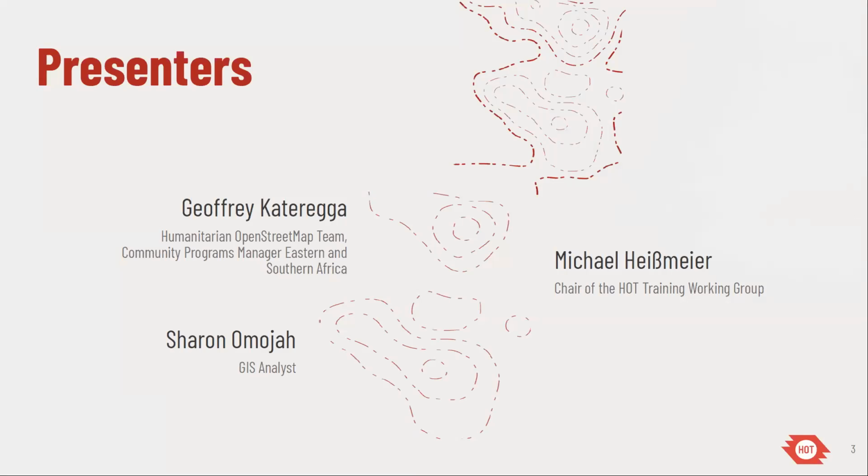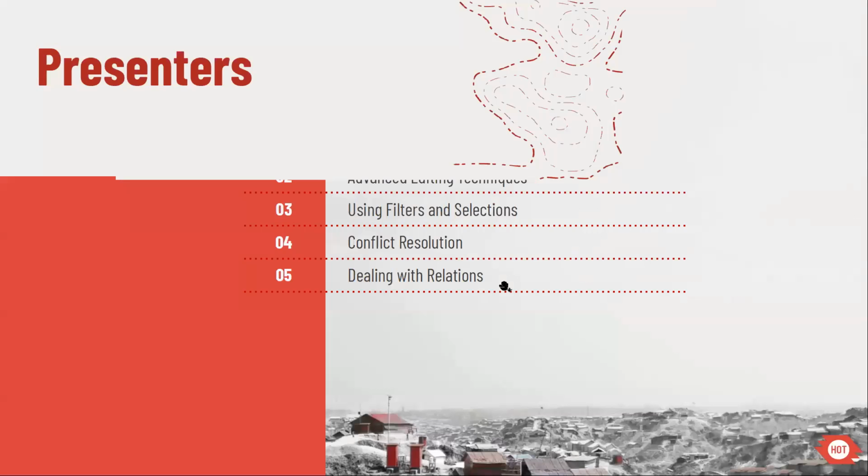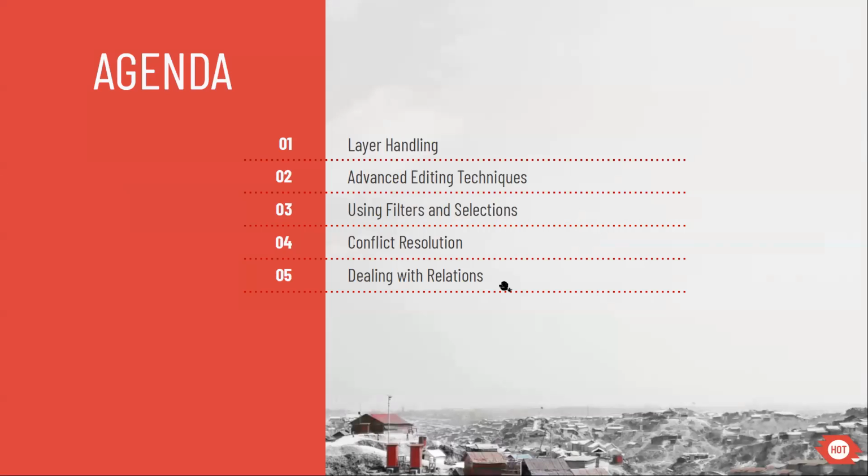What are we going to talk about today? We'll start with a bit of layer handling in JOSM. And we'll also talk about imagery alignment in that section. After that, you will hear some advanced editing techniques. Next, we will come to how to use the filters and selections dialogues to get your work done easier.